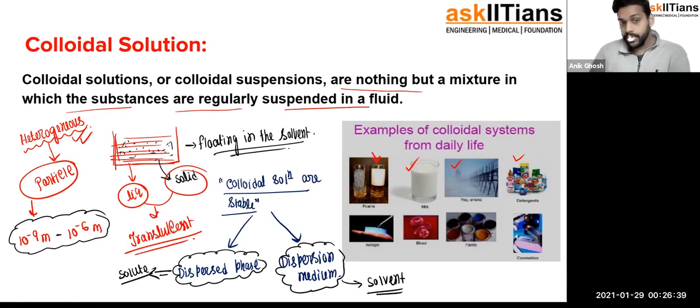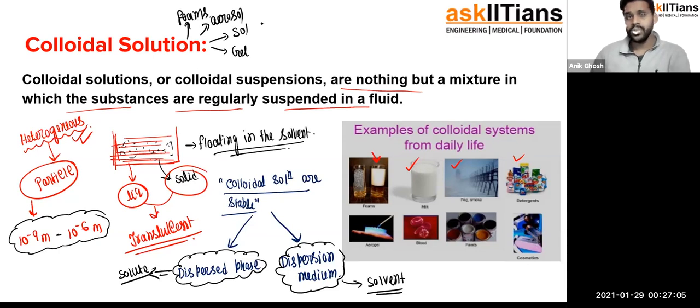Depending on the solute and the solvent, that is, the different types of dispersed phase and dispersion medium, there are so many different varieties of colloidal solution. Colloidal solutions can be like sols, gels, aerosols, foams, and many other things.